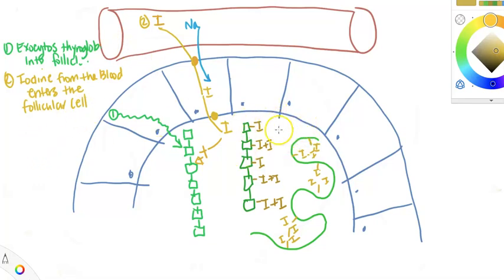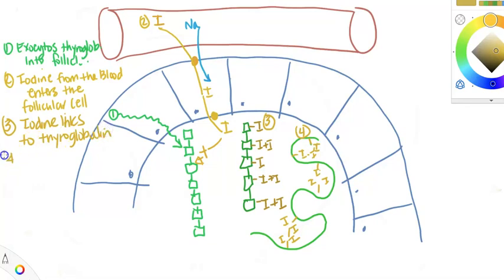All right, so let's go back, and here's 3 and here's 4. So 3, iodine links to thyroglobulin.